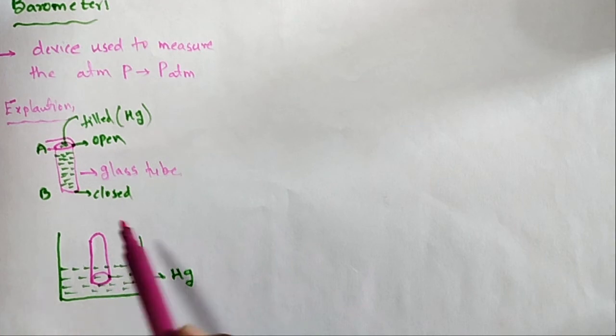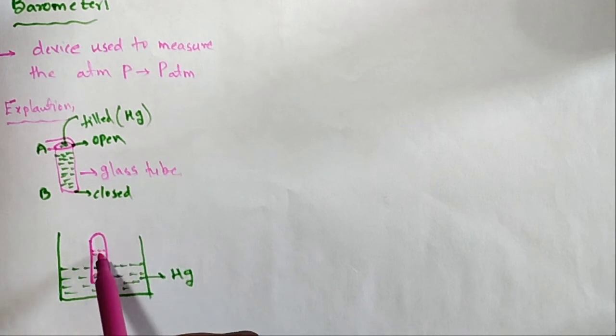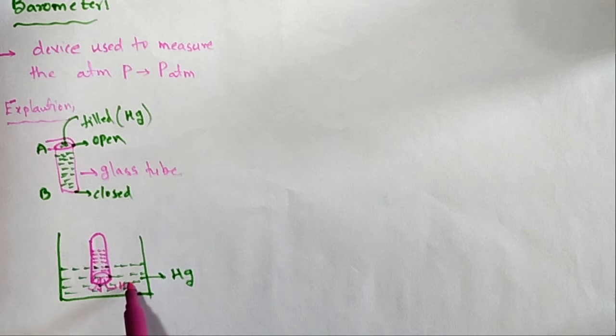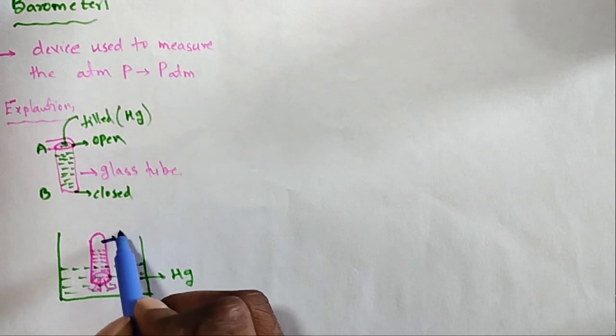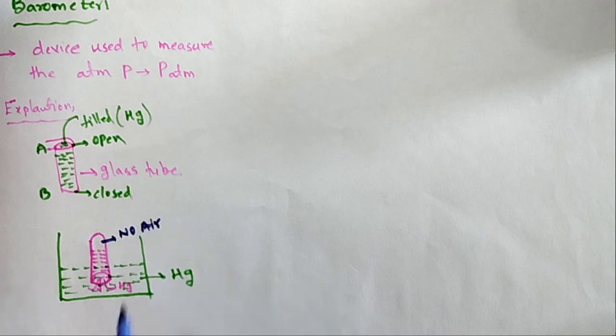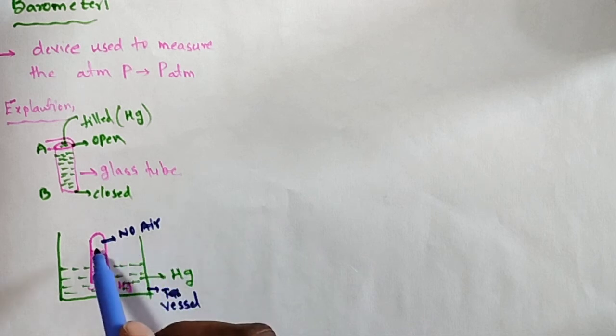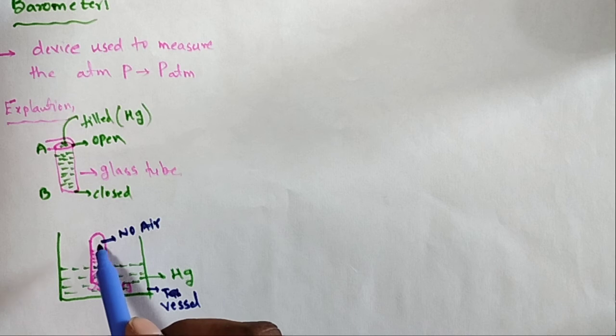What happens? Some mercury comes down, and at the top a small gap is formed. There is no air in this gap, no air is allowed inside.